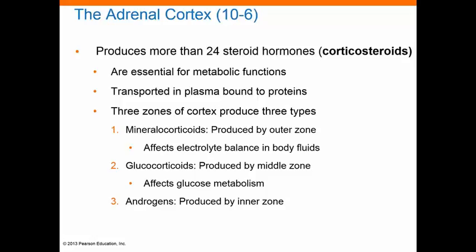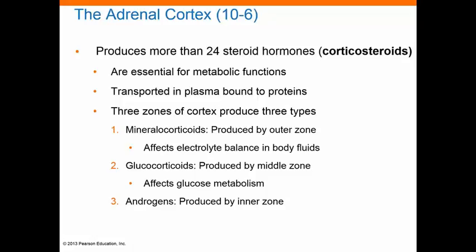The adrenal cortex also produces glucocorticoids, and these are produced mostly by the middle zone of the adrenal cortex and affect glucose metabolism. The most important glucocorticoids are cortisol, corticosterone, and cortisone.